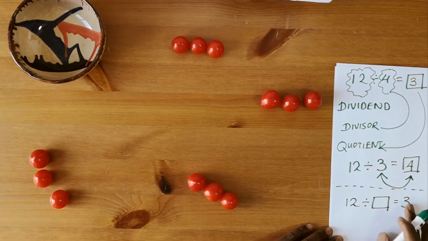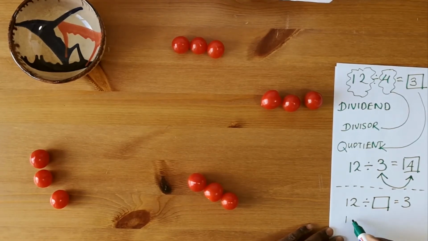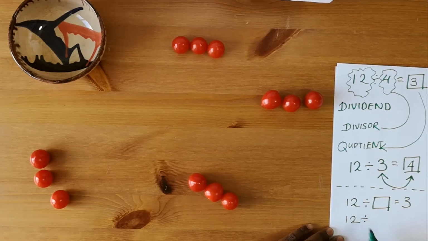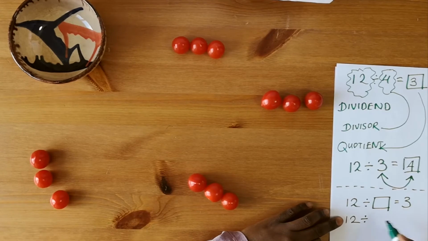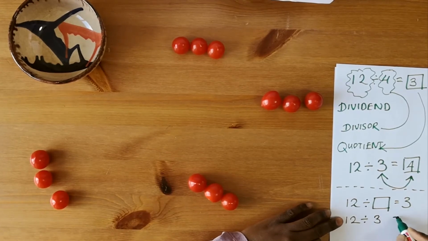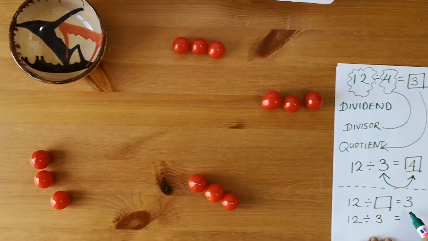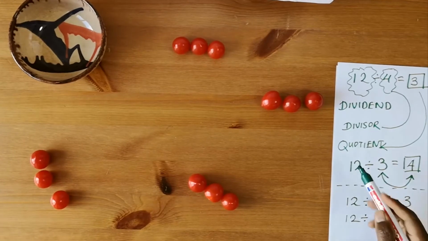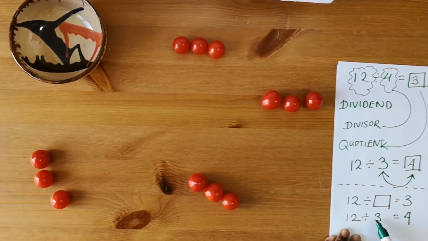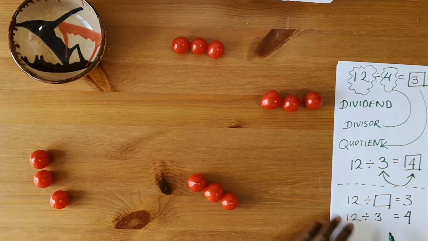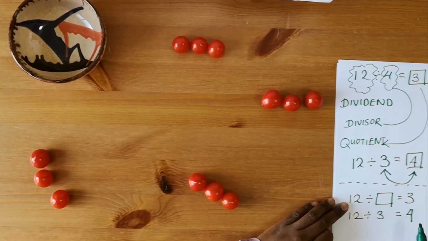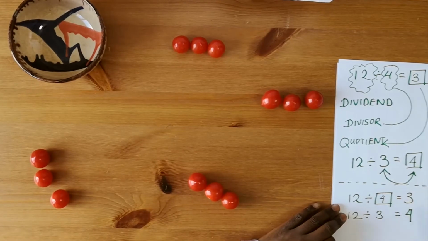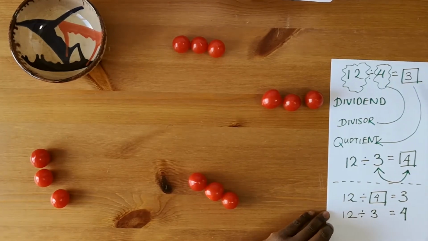If you don't know the answer, you can just take the 12, the dividend, and take your quotient and switch it around, and your answer will be 4, right? You know that. So 12 divided by 3 is 4. So 12 divided by something, that something must be 4, because we know that you can switch the divisor and the quotient.